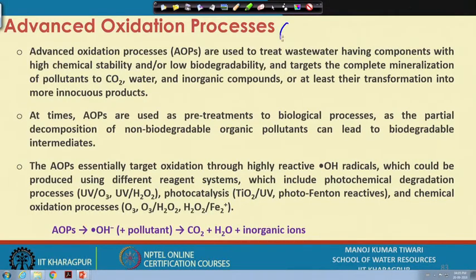Only thing is these advanced oxidation processes, typically called AOPs, are energy intensive processes. Okay. So, what is done in these is that these compounds, which have low biodegradability or complex structure, are attempted to be completely mineralized.